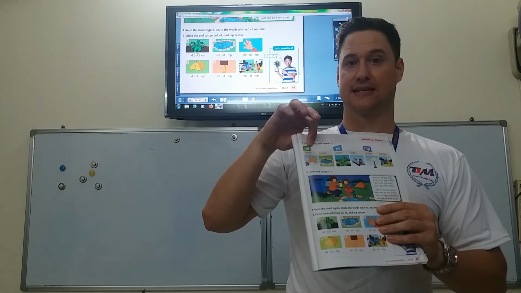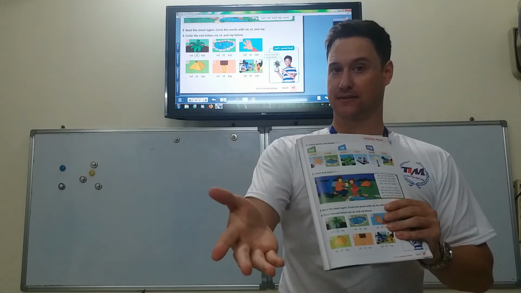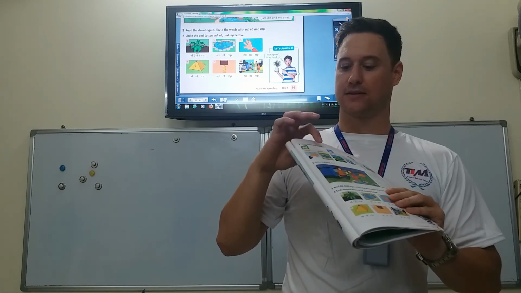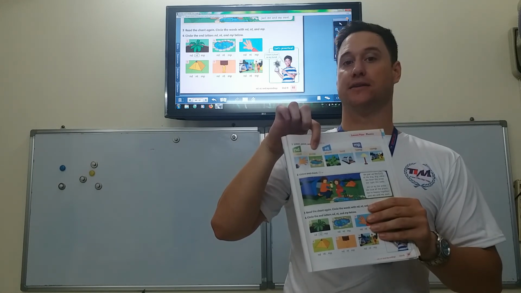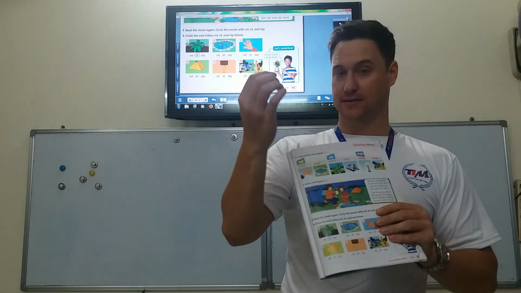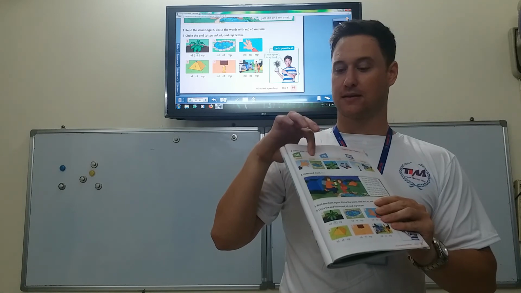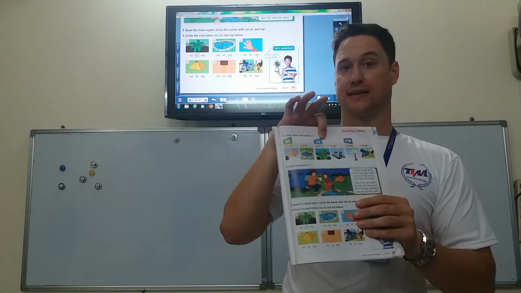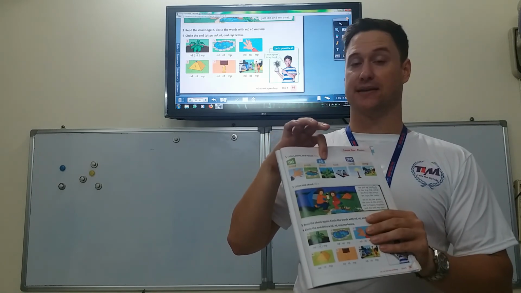What is it? Hand. Good. Can you make a sentence? Good. What is it? Pond. Good. Can you make a sentence with pond? Okay. What is it? Plant. Okay. Make a sentence with plant.